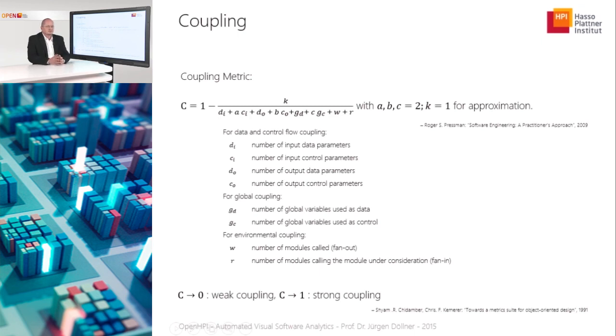There are sometimes different constants, different values around in literature. So be aware that coupling metrics are a field where strong empirical observations sometimes play a role. So don't expect a sharp metric value here, but in general an indication. Its true purpose is to give indications about coupling.